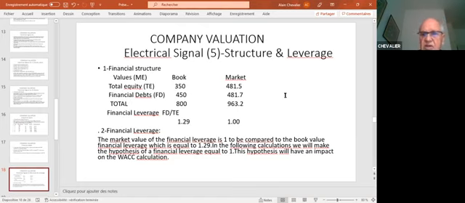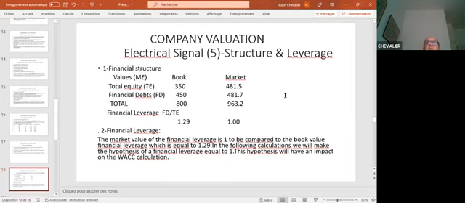So the question is really what to do. What is the best hypothesis in the next calculations? And you understand that in many reports and even textbooks, we use only book value, which is a mistake. And in the following calculations we go through in the next slides, we will make the hypothesis of a financial leverage equal to 1. And this, of course, has an impact on the WACC calculation.